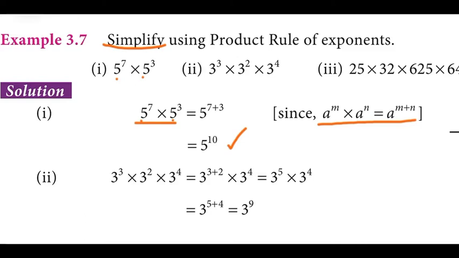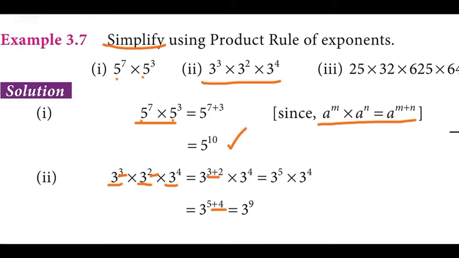Similarly, second one, 3 cube into 3 square into 3 power 4. Here the base is the same, 3, 3, 3, so we can add the powers. 3 power 3 into 3 power 2 is 3 power 3 plus 2, that is 3 power 5. Then 3 power 5 into 3 power 4 is 3 power 5 plus 4, that is 3 power 9.